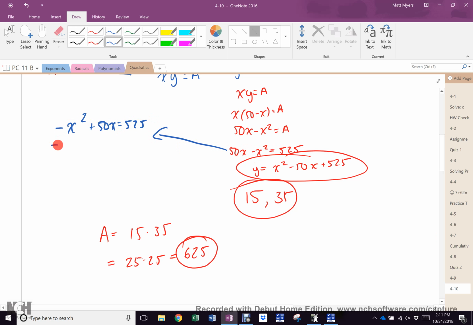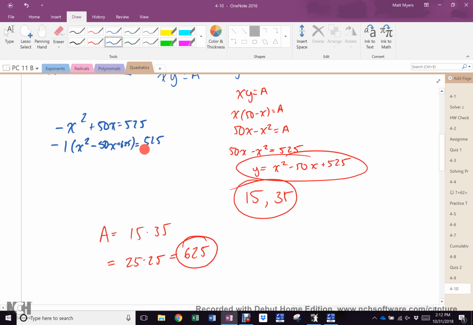Then I could factor out a negative 1, and leave in there x squared minus 50x, right? Equals 525, right? Now this, if I complete the square, would give me 625, correct?